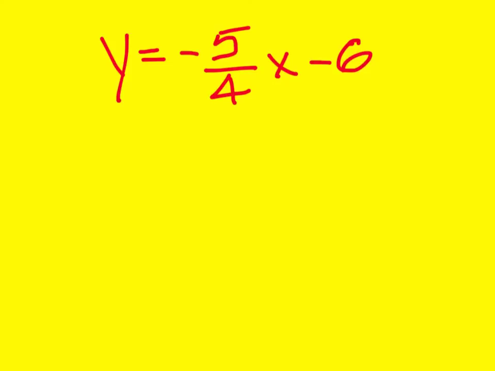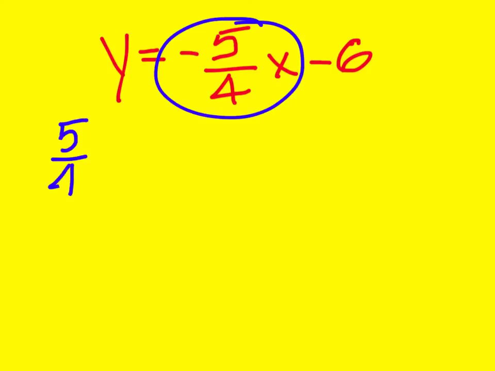On the practice, we're going to move this to the left and make it a positive 5/4 x plus y equals a negative 6. This is a positive, so you don't change everything. But you do get rid of the fraction.